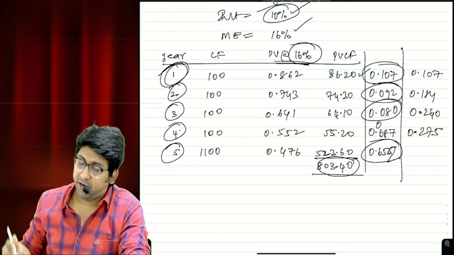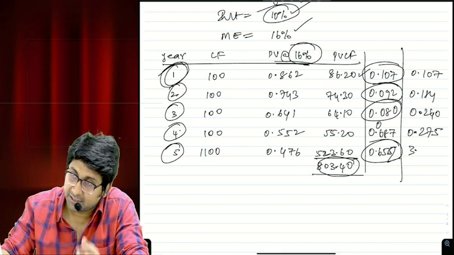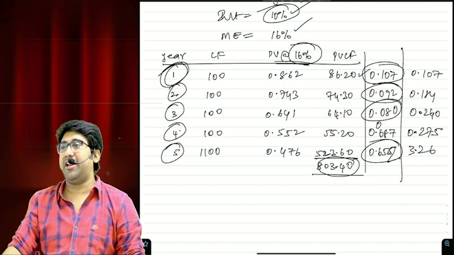And lastly, 0.652 into 5, that is 3.26. Okay. You are getting like this.